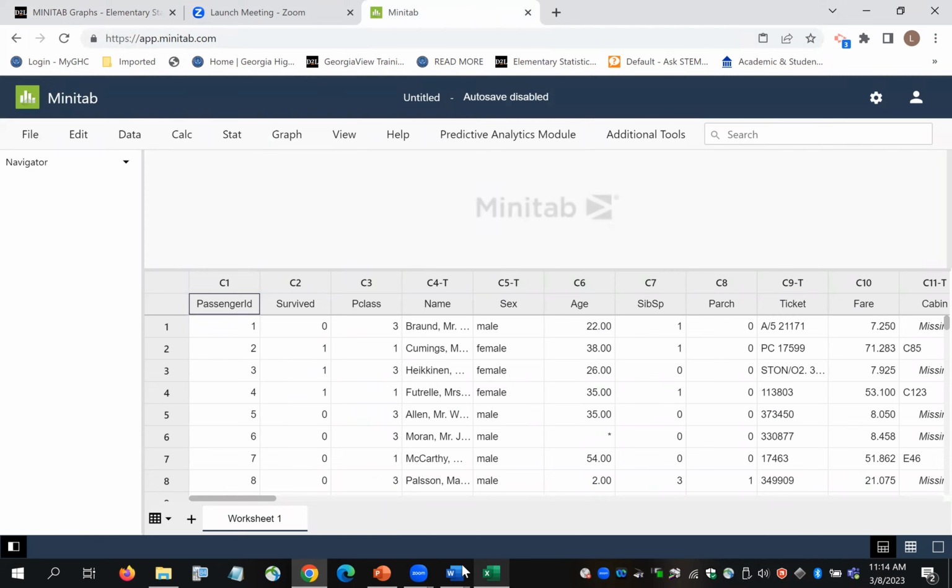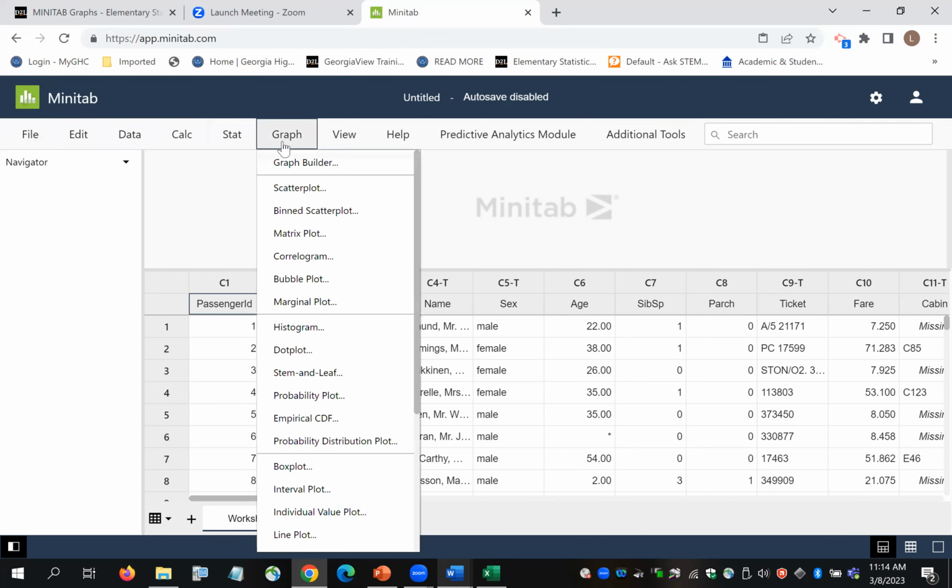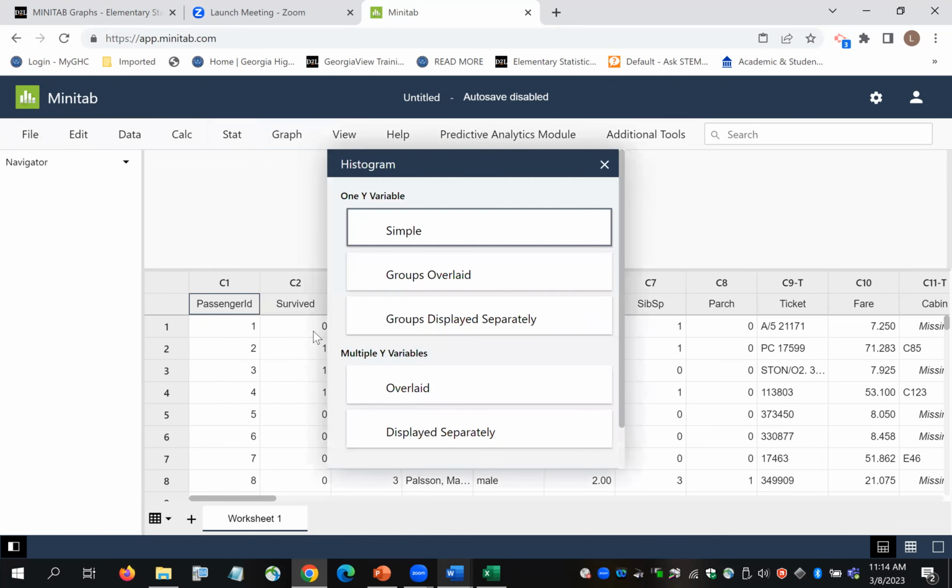Okay, so I need to create a histogram. Again, the histogram is a graph. So I'm going to go to my top menu bar to Graph. This time I want to create a histogram. So I'm going to scroll the list until I find Histogram, and click on it.